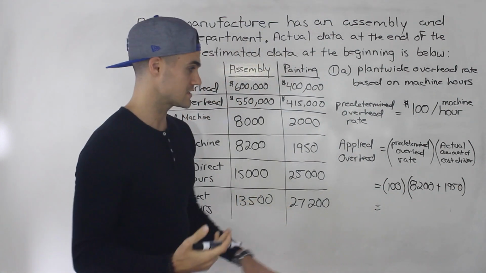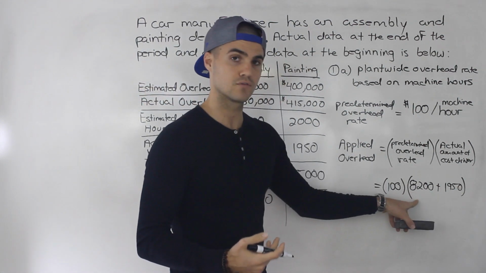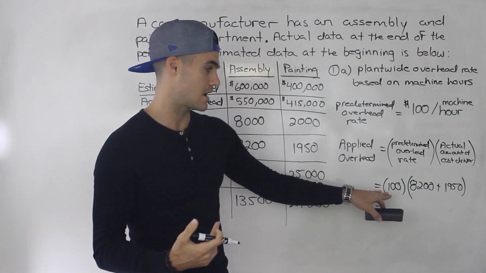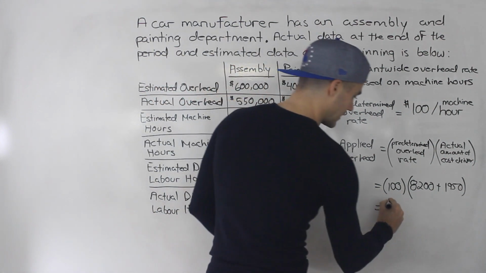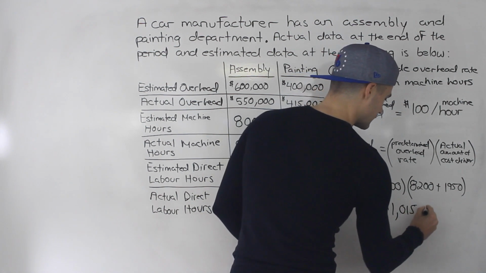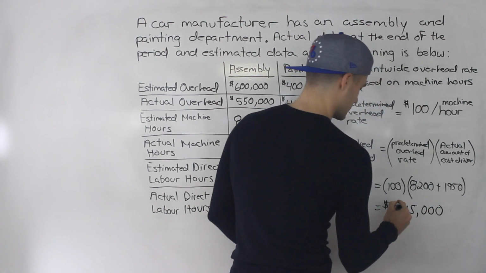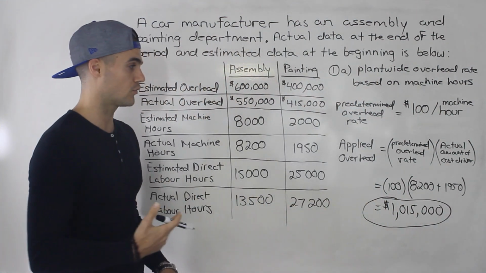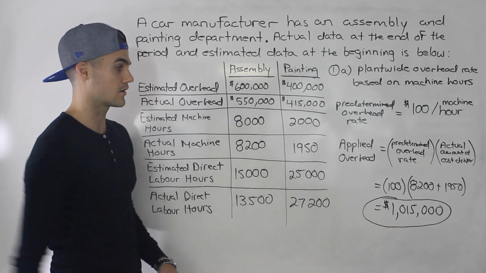You would do the brackets first. That would give you 10,150. When you multiply it by 100, you'd end up getting 1,015,000. So that there is the applied overhead for the entire period.